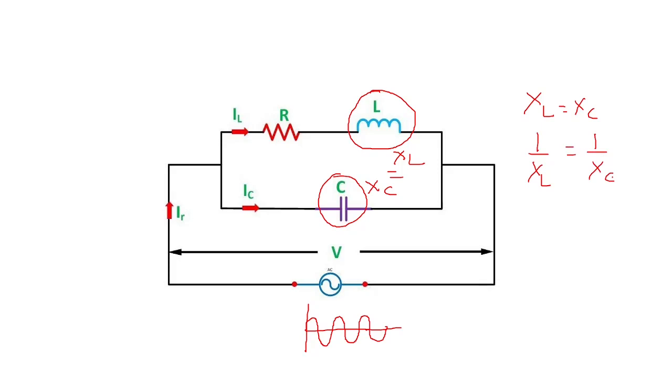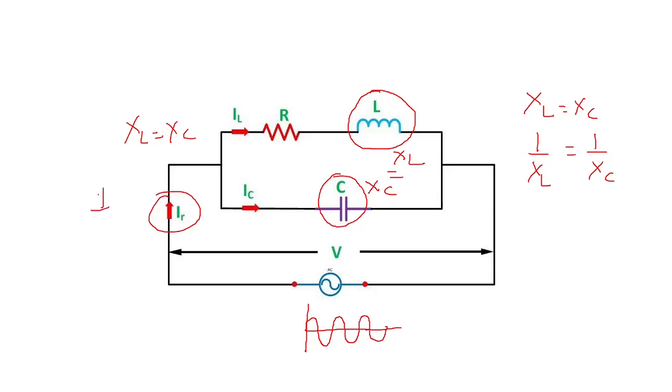So this will give you the parallel resonance, and in that case the current flowing through the circuit, when XL is equal to XC, will be minimum, because the susceptance of both inductor and capacitance will get cancelled out with each other, and the allowing factor of current will become minimum. So the current flowing through the circuit will become minimum.